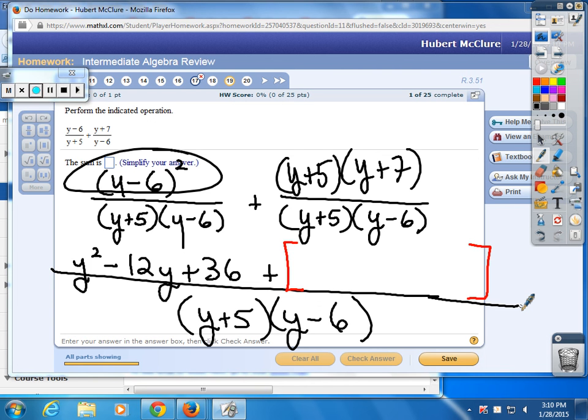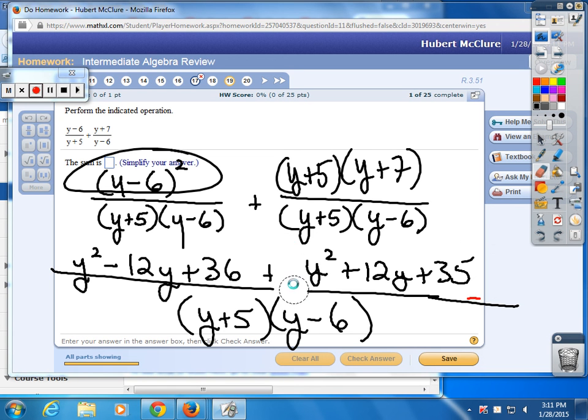So that's going to be y squared. Let's see, 5 plus 7 is 12y. Plus 35. Okay, now in this case, you don't have to worry about it because the plus doesn't change anything. So I'm going to take that out.